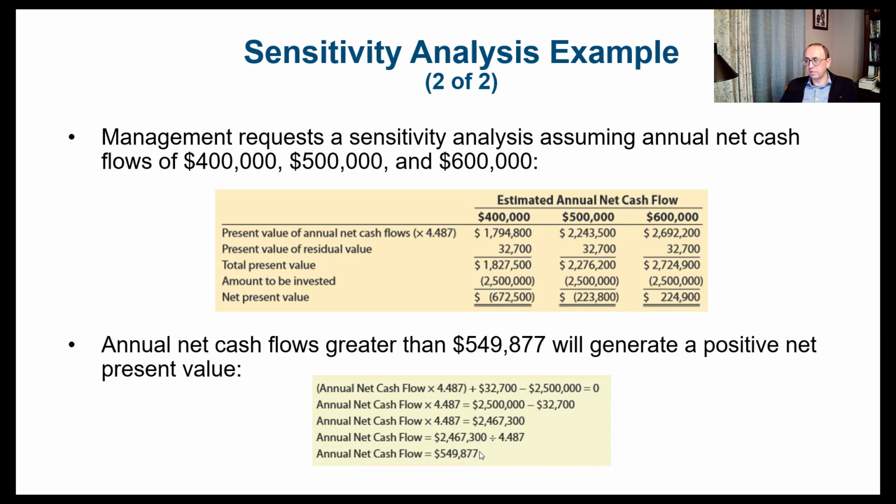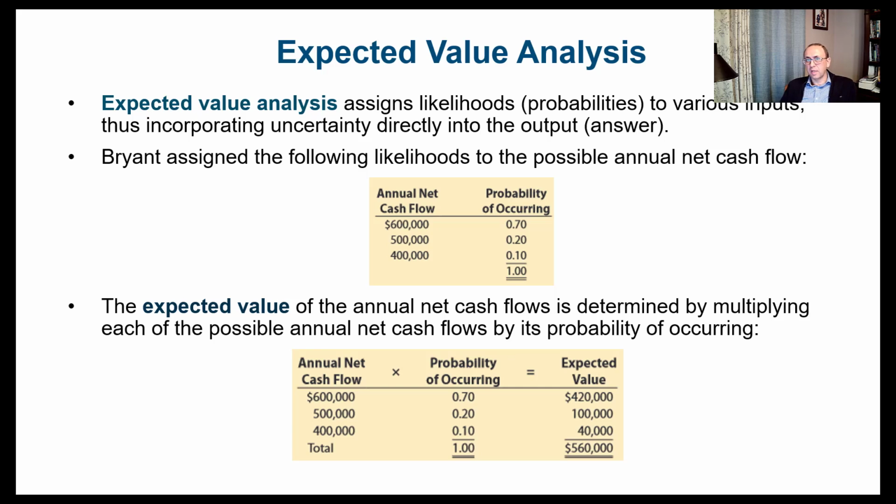So that's your break-even point. If the equipment is generating less than $549,000, then in this case you will end up having a negative net present value, which does not justify the purchase of this equipment.